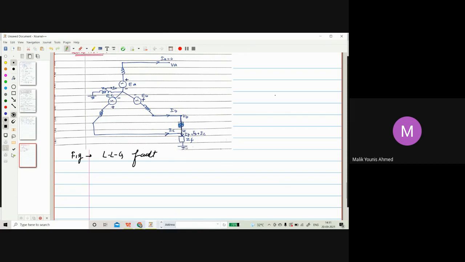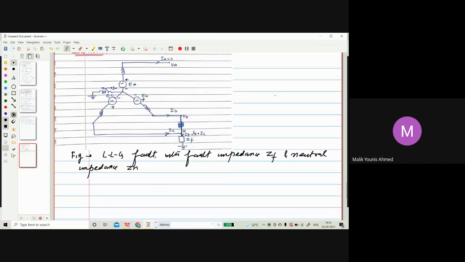Here we have the fault impedance ZF and the neutral impedance Zn.